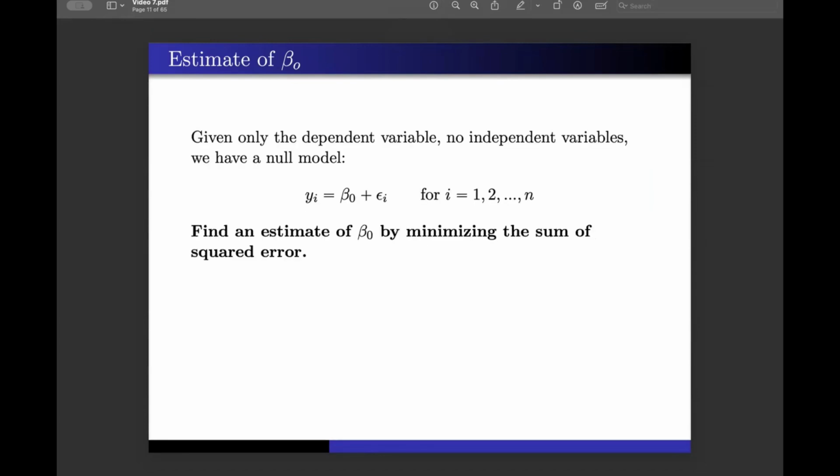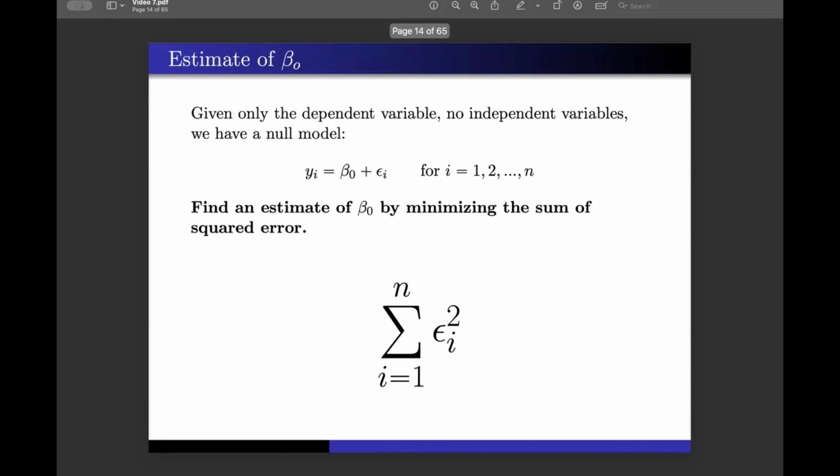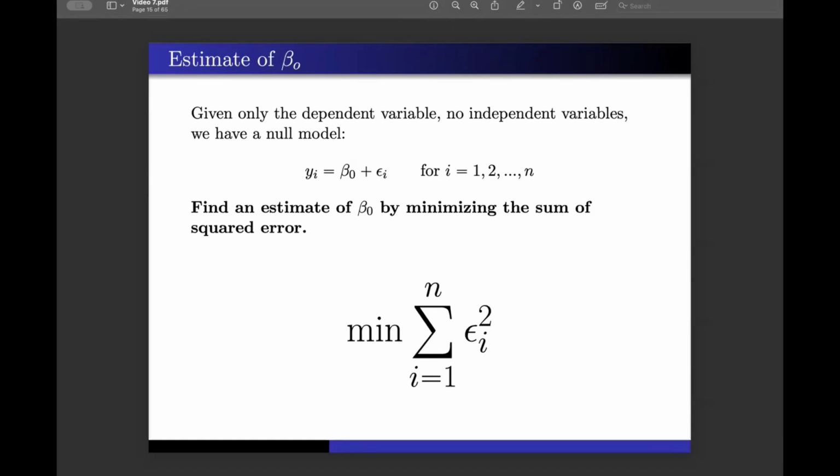Now what we want is an estimate of beta naught using the OLS method, that is, by minimizing the sum of squared error. When we say sum of squared error, it means we have an error term from each observation. We have epsilon i, we square it, and therefore we have a squared error from each observation. We take the sum over n observations and find its minimum value. The goal is to get an estimate of beta naught by minimizing the sum of squared error.